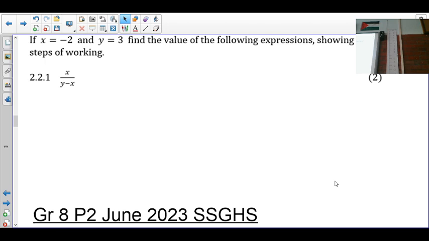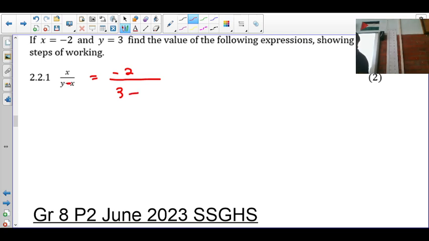So people, if x is minus 2, whenever I see an x it goes minus 2. In the numerator it says x, so it's minus 2 over y minus, sorry, y is 3, so it's going to be 3 minus, and that minus is there, but x is negative 2.